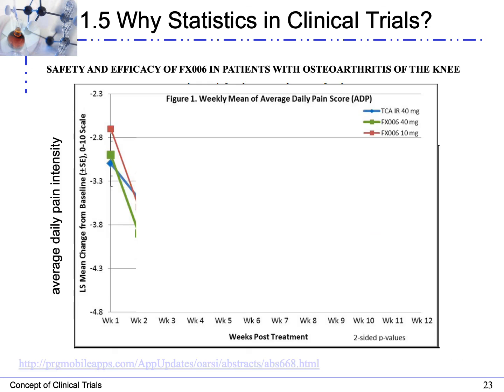Another illustration is the example of this experiment that was designed to assess the efficacy and safety of a novel formulation, the FX06, in patients with osteoarthritis of the knee. The experiment was designed to compare three treatments.